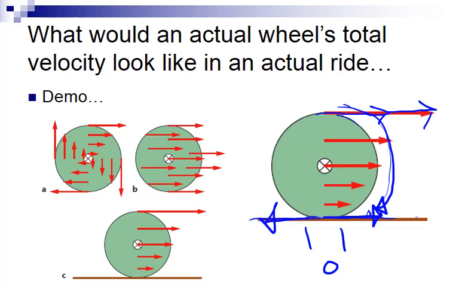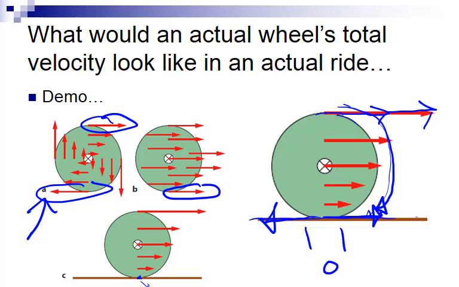So to be able to visualize that, you have A here with the rotational velocities, and then B with the translational, and then again the combination of this and this make it 0 at the bottom. The combination of this and this make it a great amount at the top there, and then in between you've got the varying amounts.